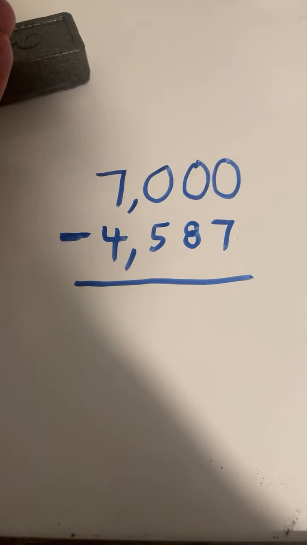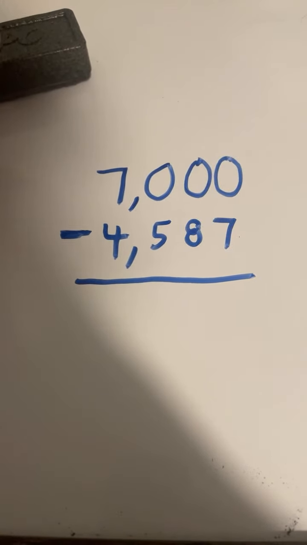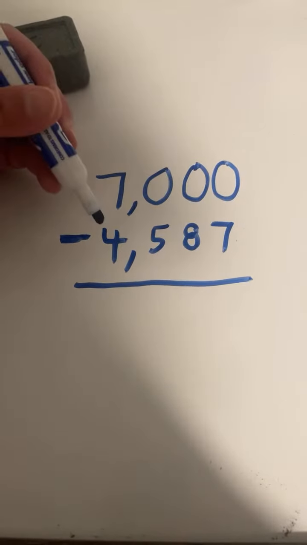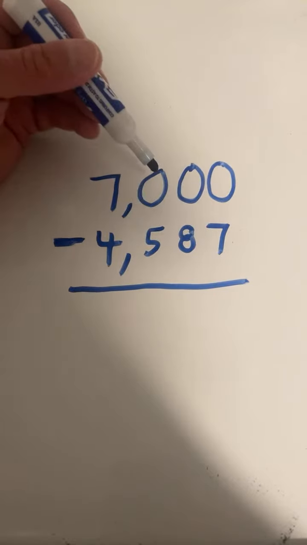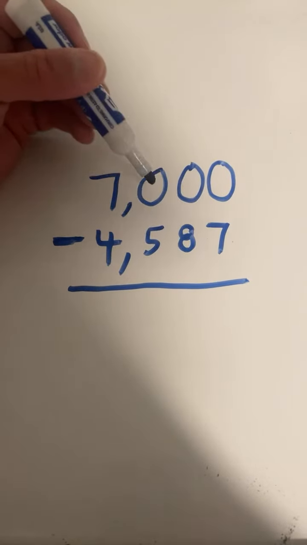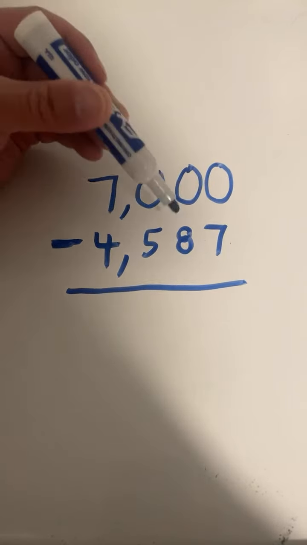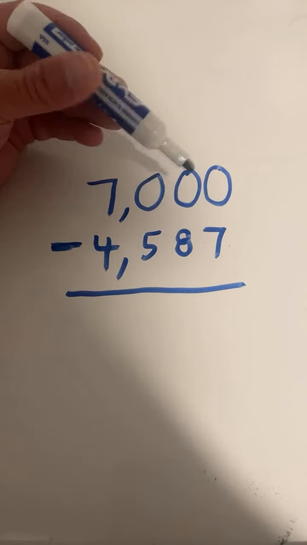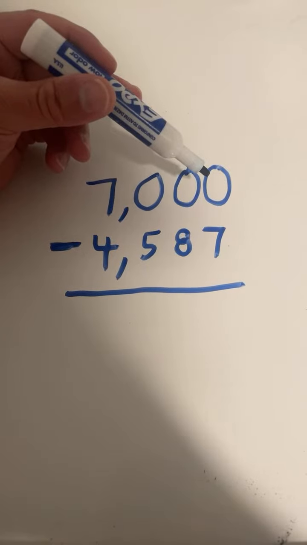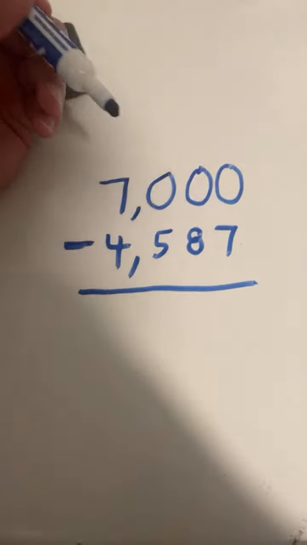If any of the digits on the top are smaller than the digits on the bottom, we will need to regroup. So thousands place, 7 is bigger than 4. Hundreds place, 5 is bigger than 0. The digit on the bottom is bigger, so we will need to regroup in the hundreds place. Tens place, 8 is bigger than 0, so we need to regroup. Ones place, 7 is bigger than 0, so we will need to do some regrouping here.